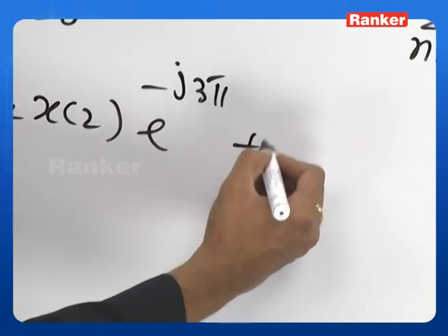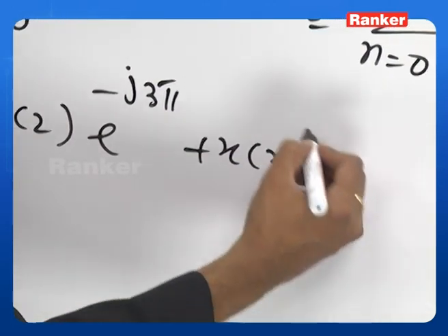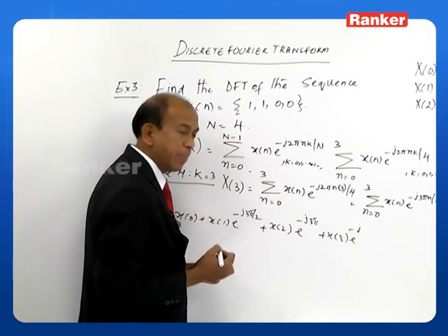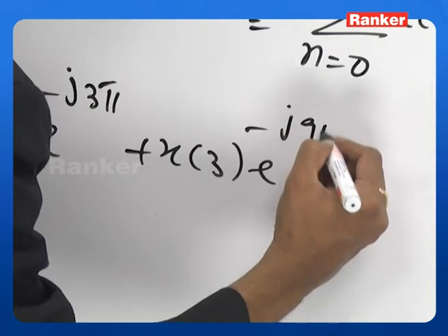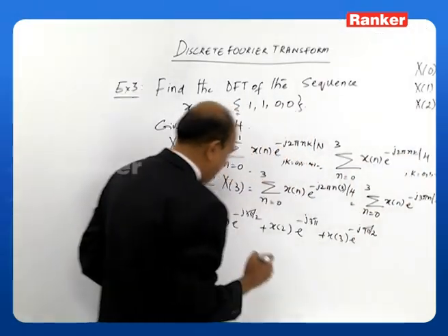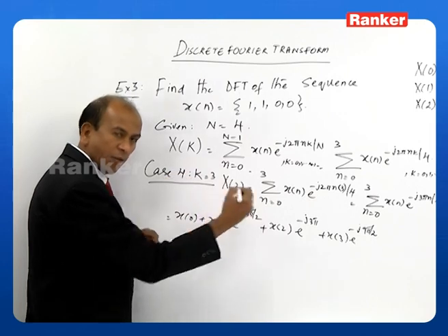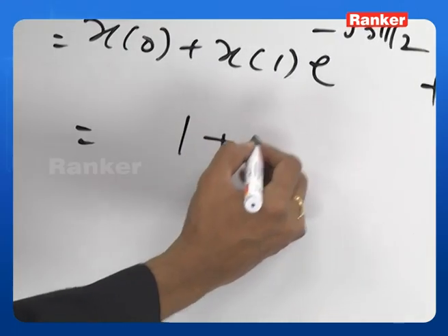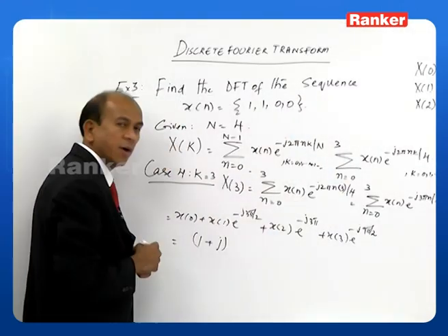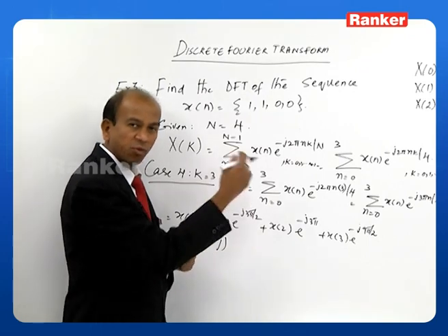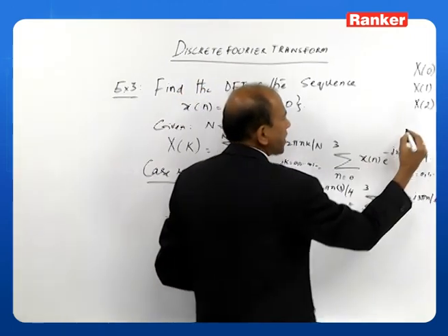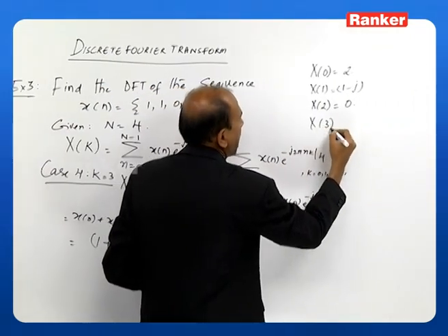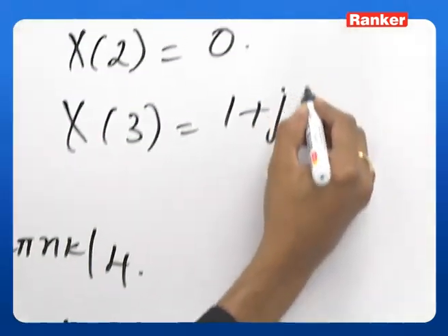Plus x of 3 e to the power of minus j 3 into 3, that is 9 pi by 2. Now again, using how we have done earlier, this will be 1, this will be j, so this is equal to 1 plus j. Let us again move the camera there so that I can write the value there. So now what is X of 3 for us? X of 3 is 1 plus j.